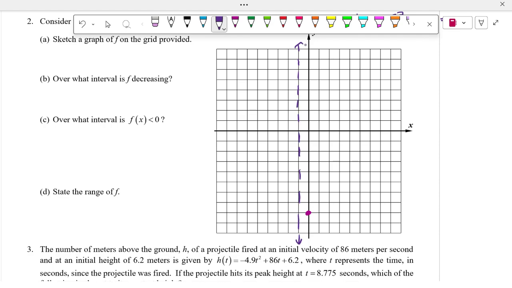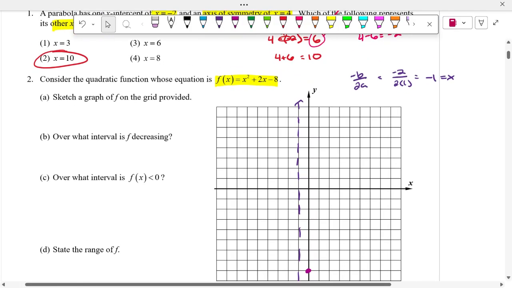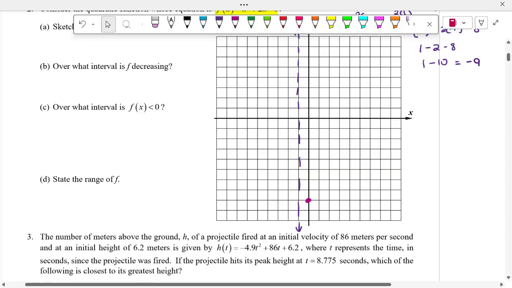How do I find the y value of the vertex? Plug it in for x. So if I have -1 squared plus 2 times -1 minus 8, that'll be 1 minus 2 minus 8. -2 minus 8 is -10. So 1 minus 10, that's -9. So my vertex would be right here.